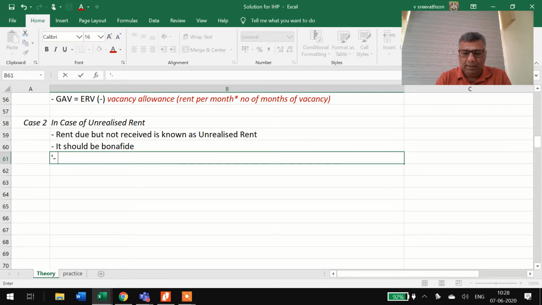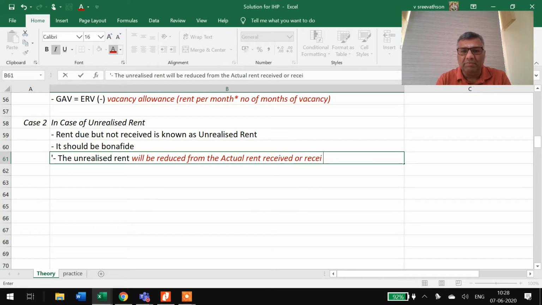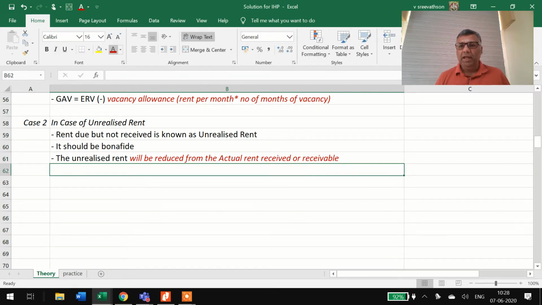The unrealized rent will be reduced from the actual rent received or receivable. In our format, we have MV, FRV, SR, AR minus UR.